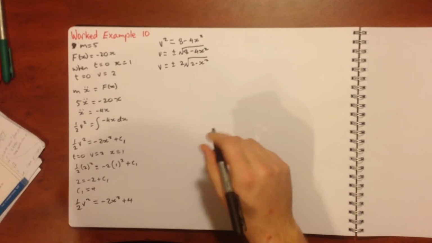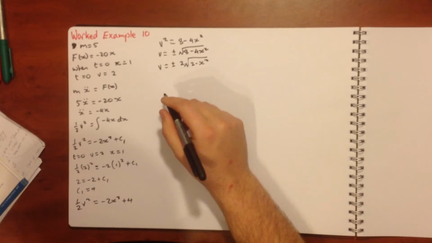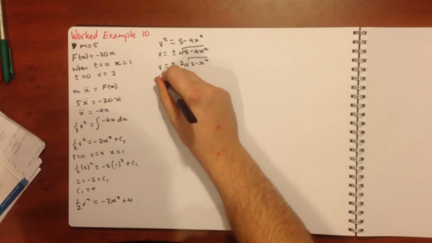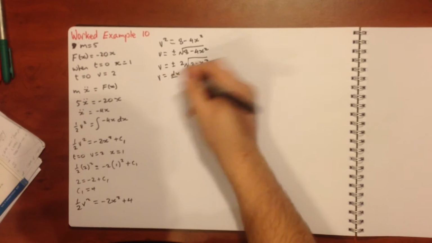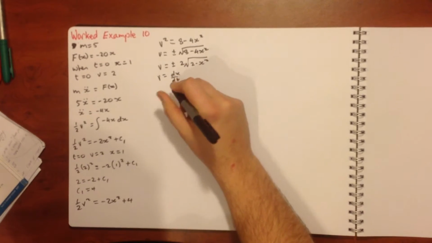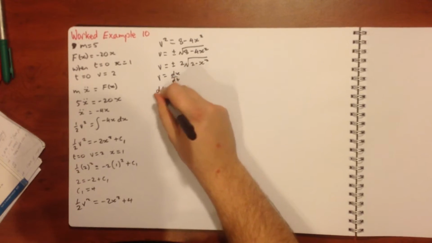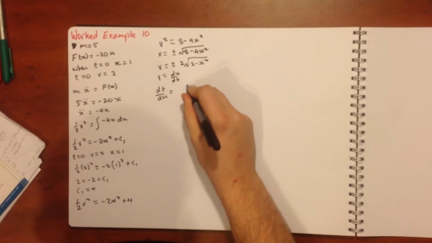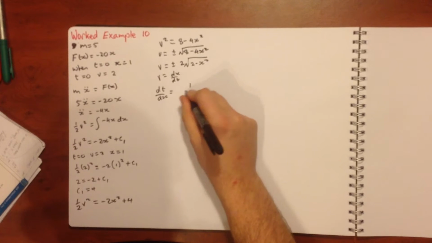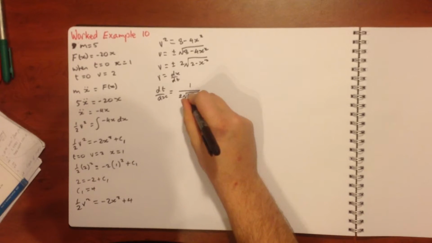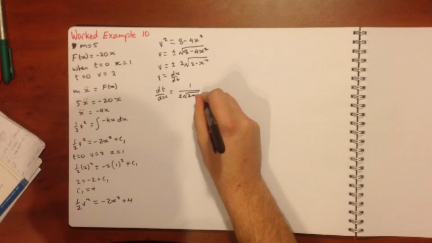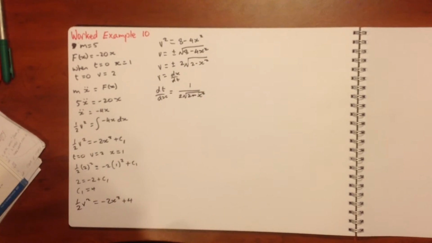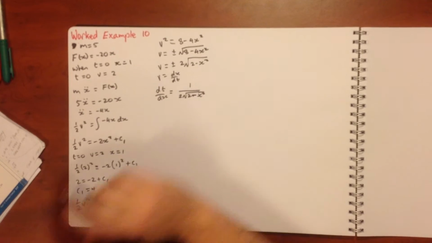Don't forget that our v is also equal to dx/dt. So dt/dx is equal to 1 over v, which is 1 over 2 times the square root of 2 minus x squared. Now we don't take the negative, because we know that we've got to be positive with our displacement.